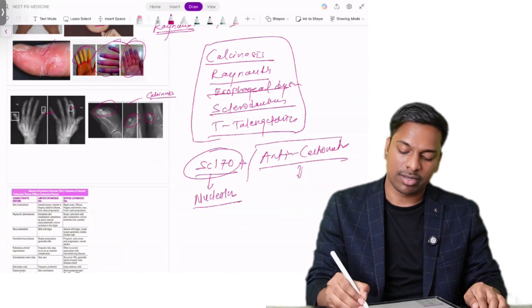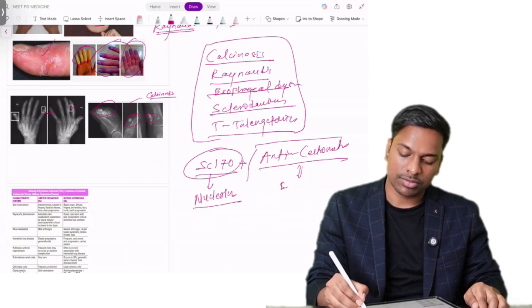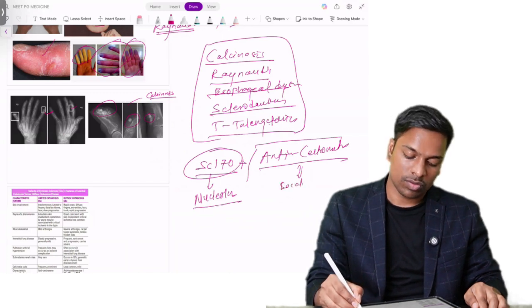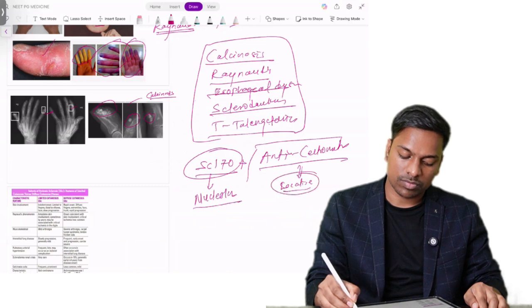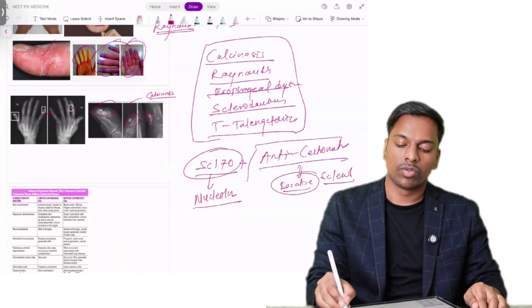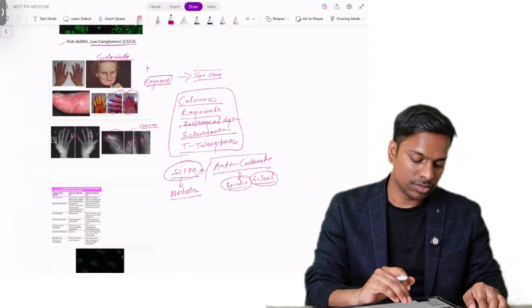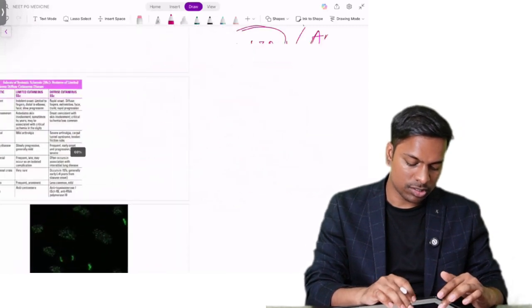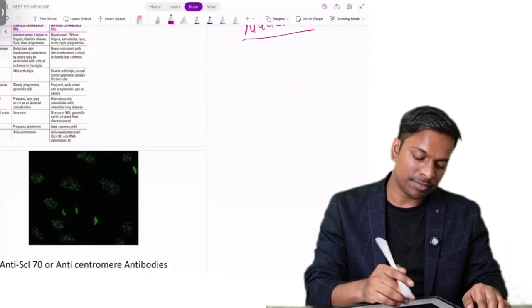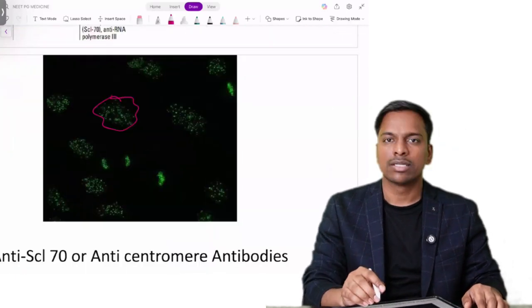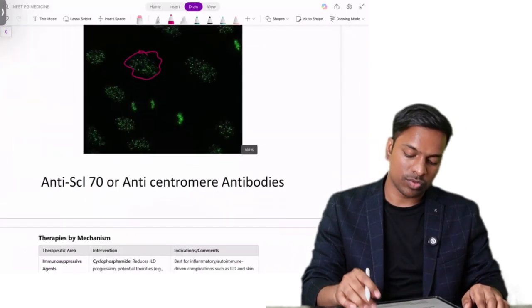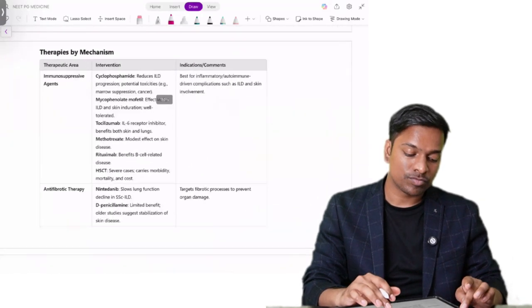So that will definitely be your CREST or localized, or limited, scleroderma. So these will be the important features of scleroderma. Here also you can see this type of anti-SCL70, nuclear pattern.